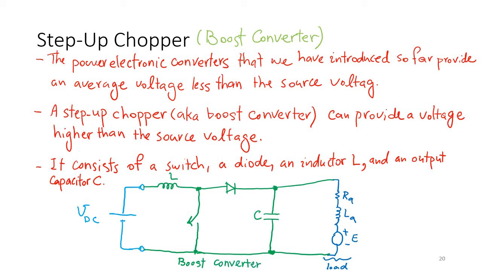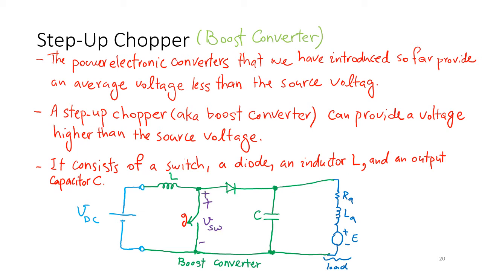We don't have a switch cell here, if you see, just a transistor, and the diode is there. It's not like a half bridge or full bridge here anymore. Transistor, we call it switch with the signal G, and the voltage across it is V switch.